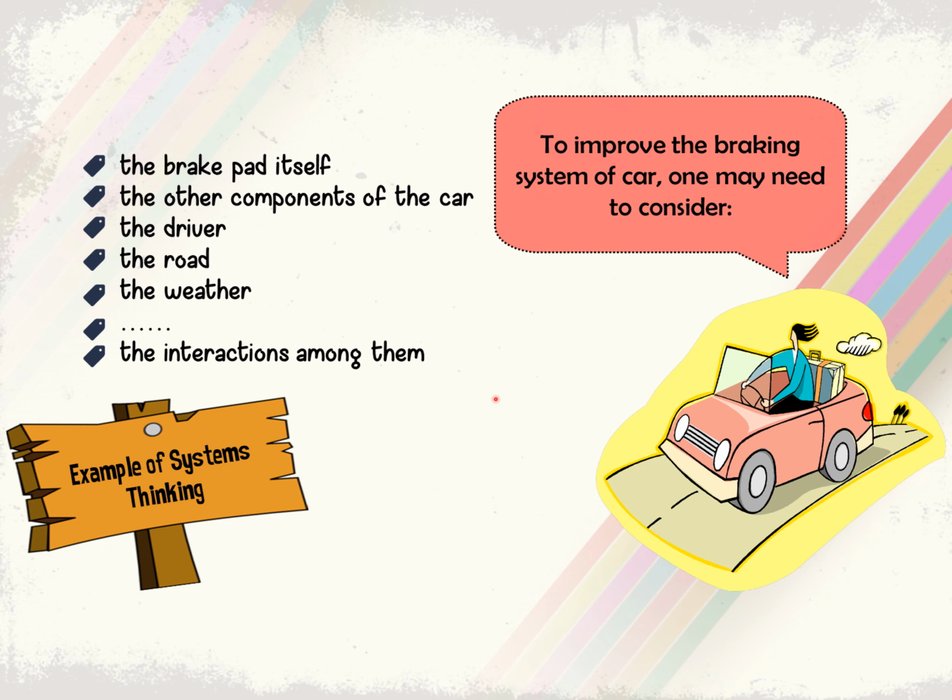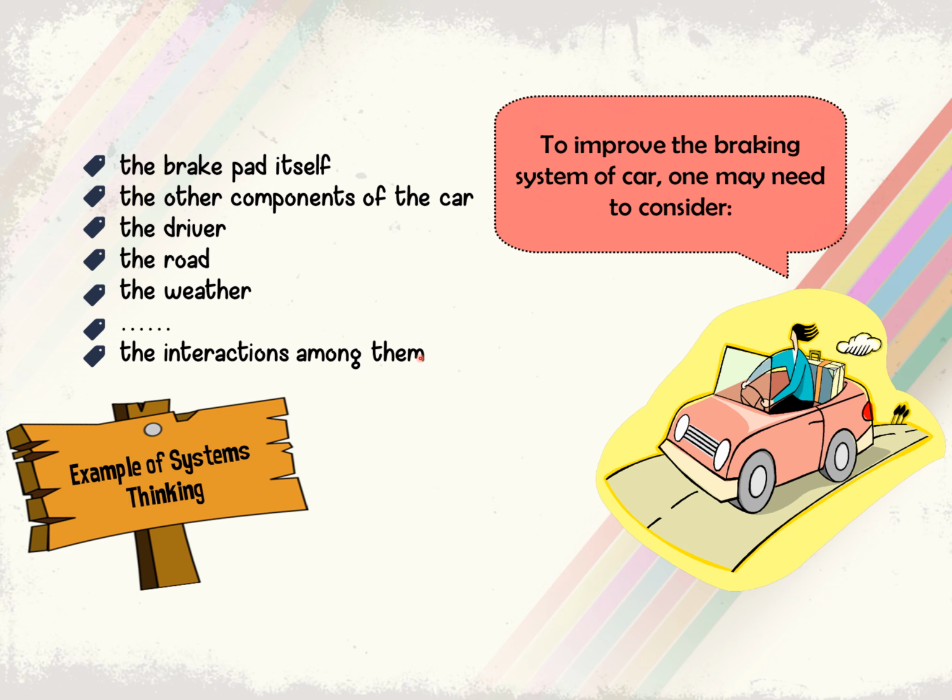Now let's say we need to improve the braking system of a car by applying systems thinking. What are the things that we need to consider? Rather than trying to improve the braking system by looking in great detail at the material composition of only the brake pad, which is the reductionist approach, the boundary of the braking system may be extended to include the interaction between the brake disc, drums, the brake pedal sensors, hydraulics, the driver reaction, tires, the road, the weather, the time of the day, and of course the interaction among them.